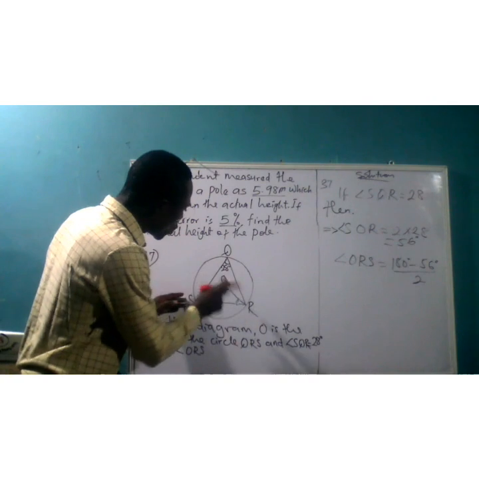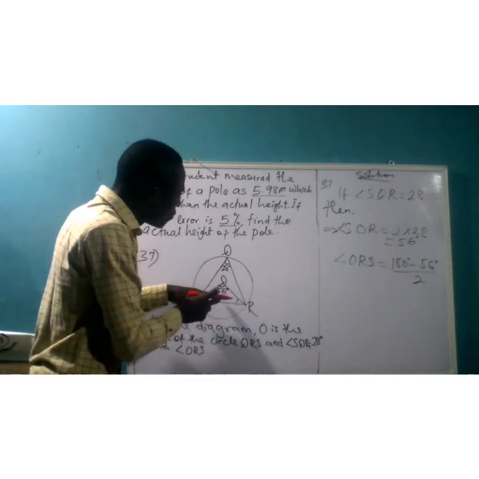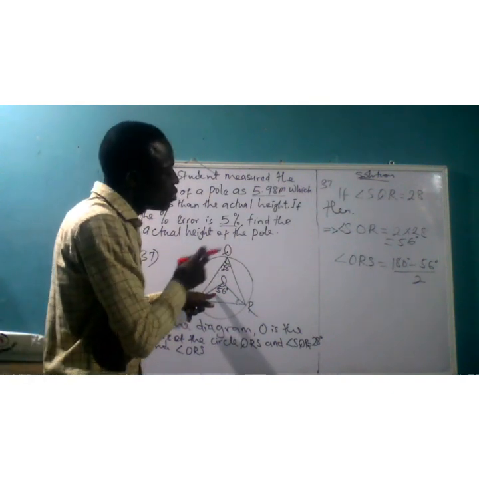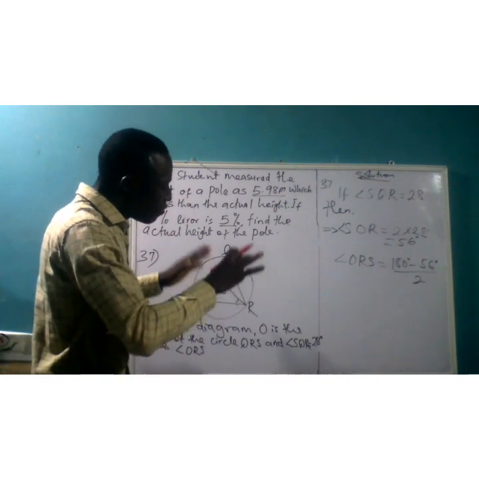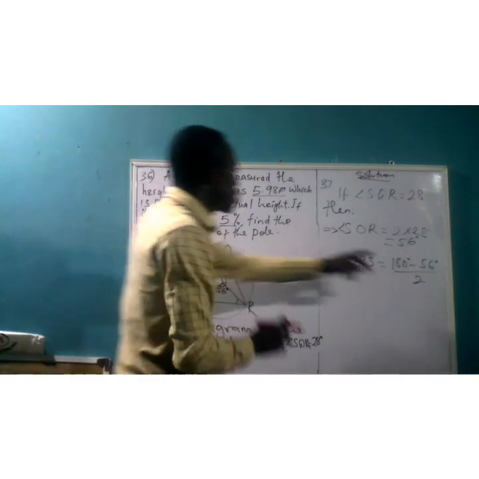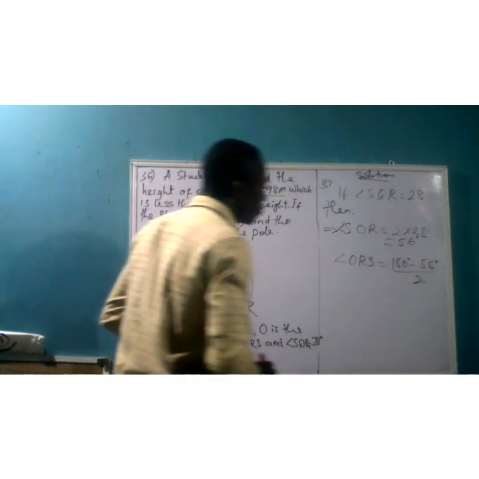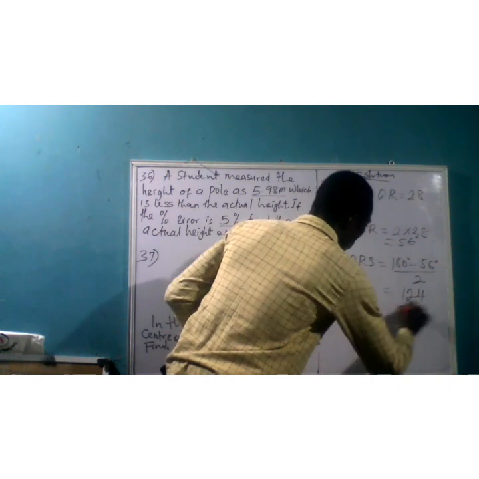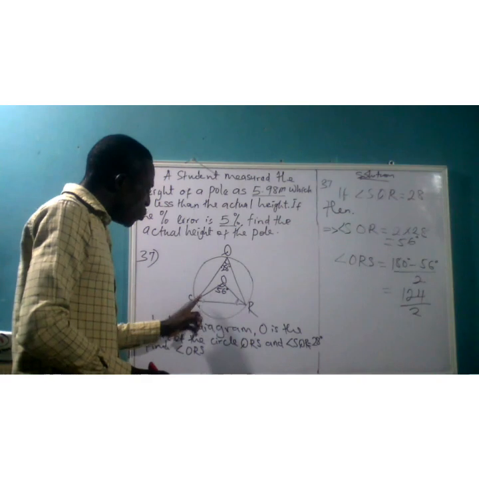Because SOR is a triangle, and we have determined one angle in the triangle to be 56, and the sum of angles in a triangle is always 180 degrees.